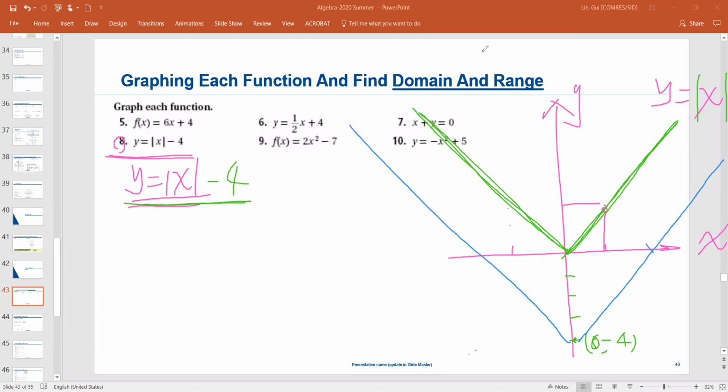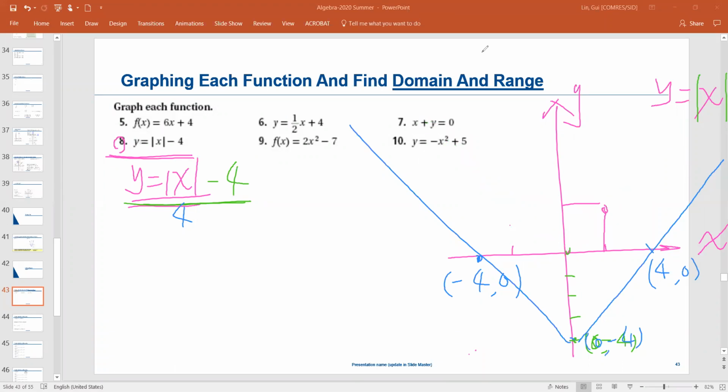Here is 4, 0, right? You can put a 4 here. The x-intercepts are 4, 0 and negative 4, 0, right? And here is 0, negative 4. Just like right now we move the green part down 4 units, right?